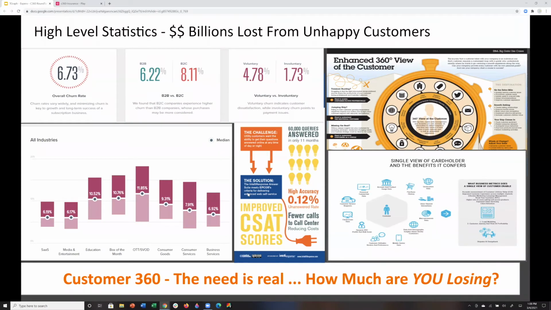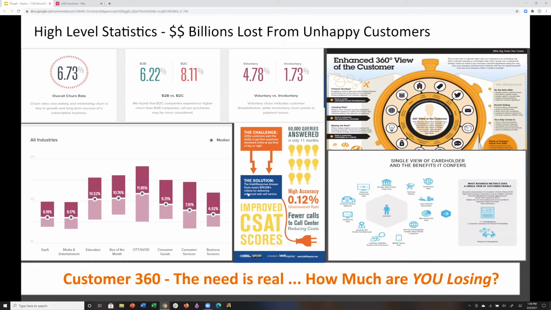We all know that between making money, protecting money, and saving money, there is the risk of customer churn, and how that differs from a B2B perspective or B2C perspective, and then voluntary and involuntary churn, hence how powerful a 360-degree view of the customer can become.